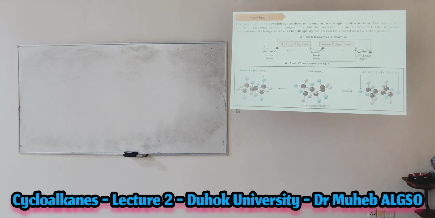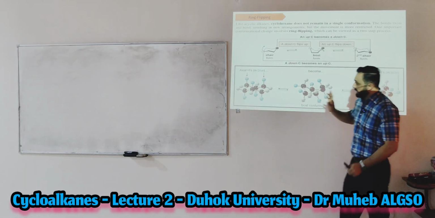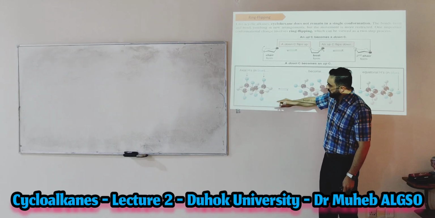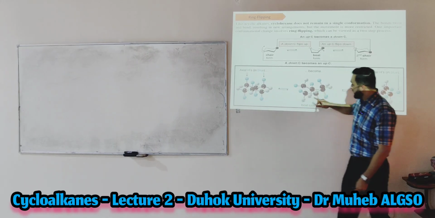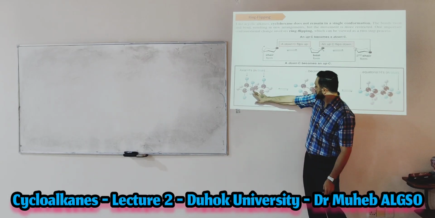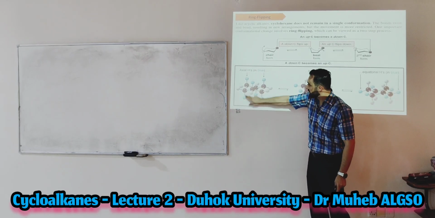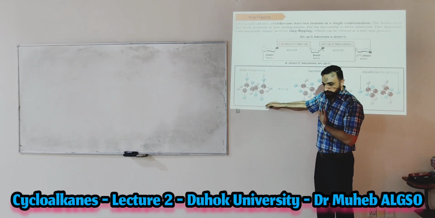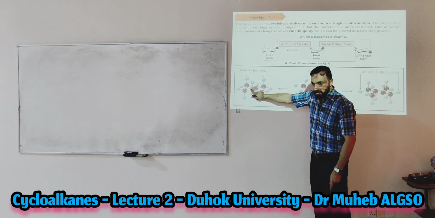So again, you have to be careful here. If you look at this three-dimensional figure for the cyclohexane, for example, we take any carbon, this or this carbon. As I told you before, every carbon here has two hydrogens.